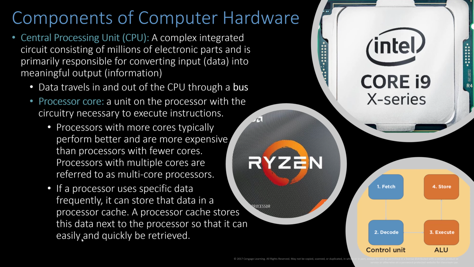A CPU also has a system clock, which we'll talk about more later. That is the speed of the CPU or the CPUs. And it also has cache, which is temporary memory, where it can store information that it's processing before it takes it out to, say, RAM or virtual memory.